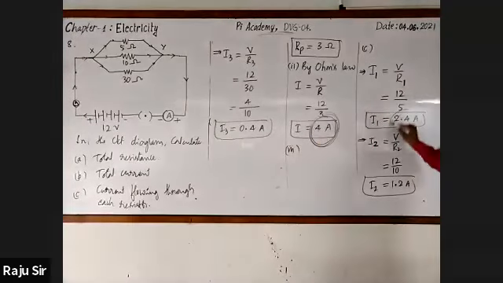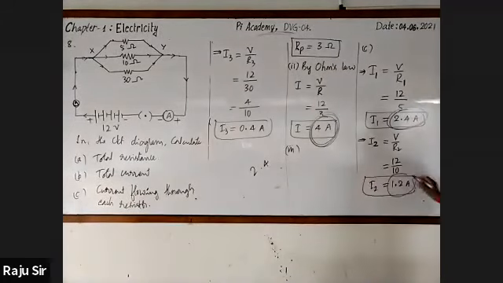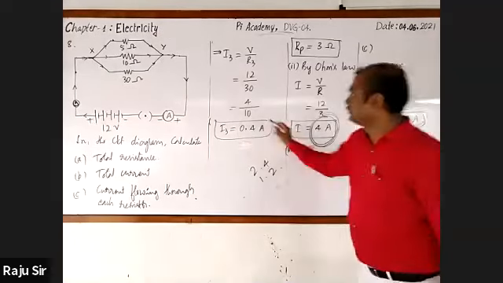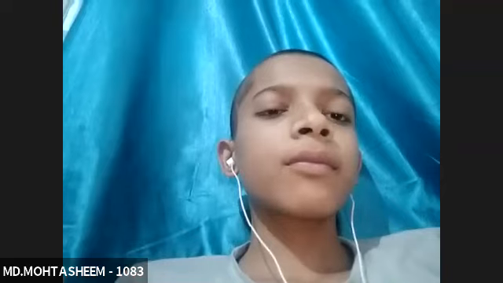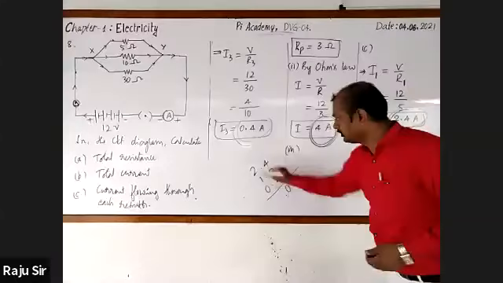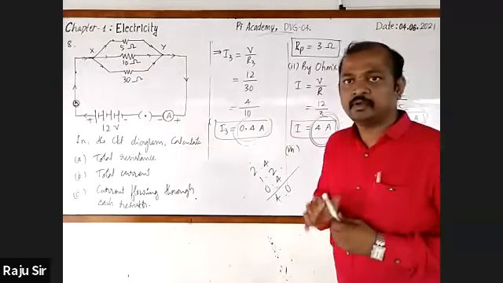Through the first resistor 2.4, through the second resistor 1.2 amps, through the third resistor 0.4 amps is flowing. Now add: 4 amps. Yes, we have done it correct. Understood?